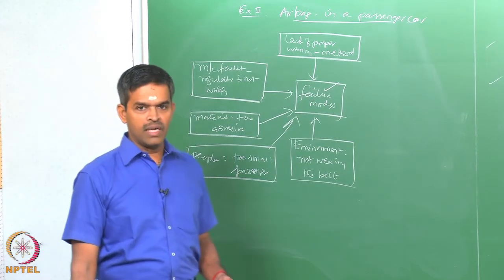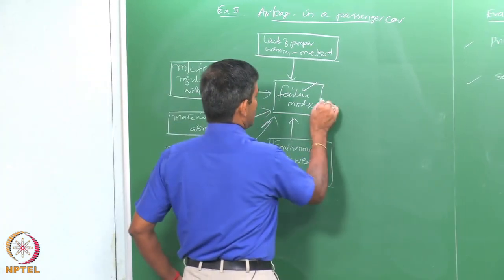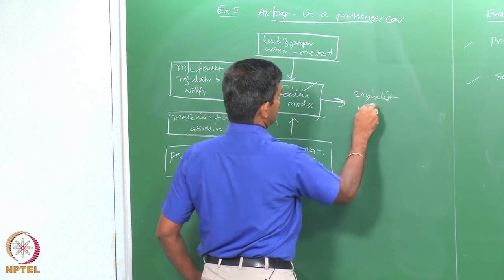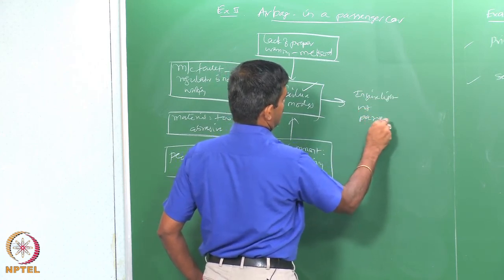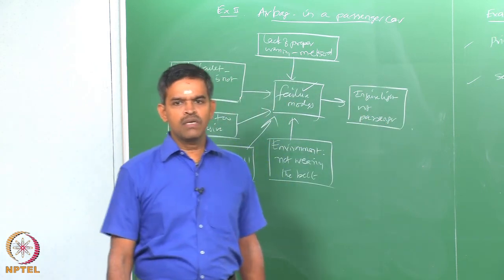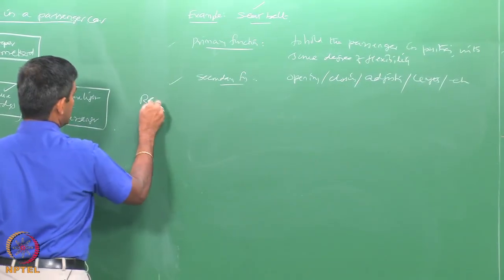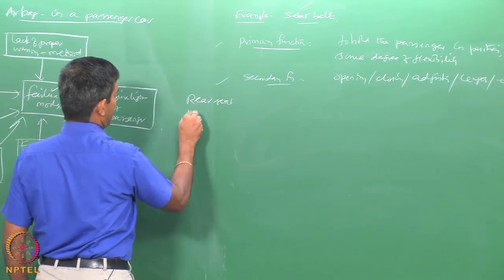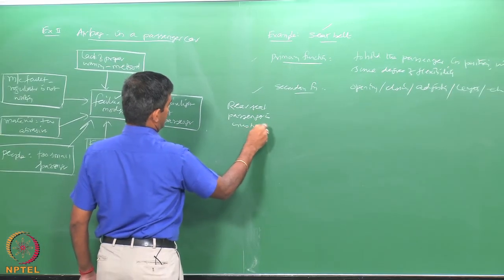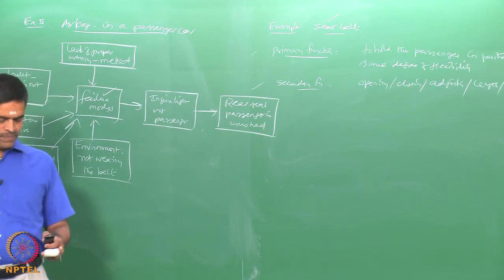Once the failure modes are done, then let us say the effects. It may injure a lightweight passenger, there is a possibility. There is a possibility that the rear seat passenger is crushed because airbags are only for the front seat passengers.